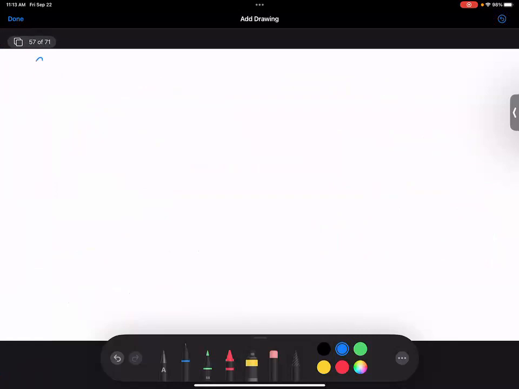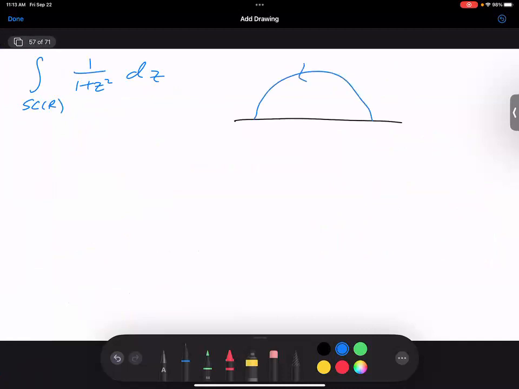So let's first look at the integral over the semicircle of radius r of 1 over 1 plus z squared dz. It's this piece over here going from minus r to r. Can somebody tell me what is the largest this can be on the semicircle of radius r?